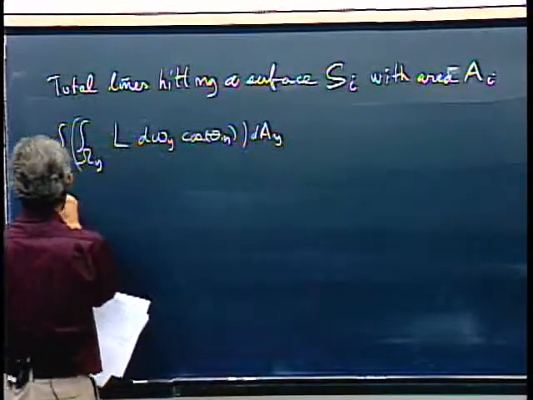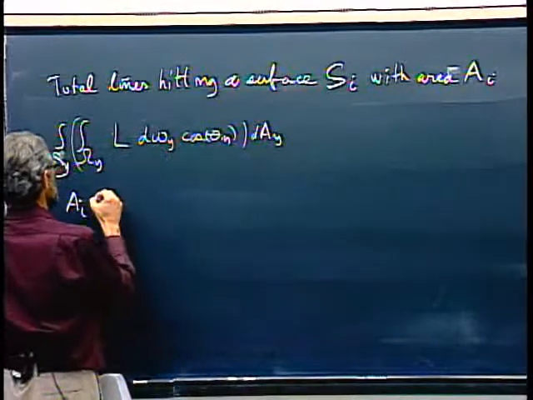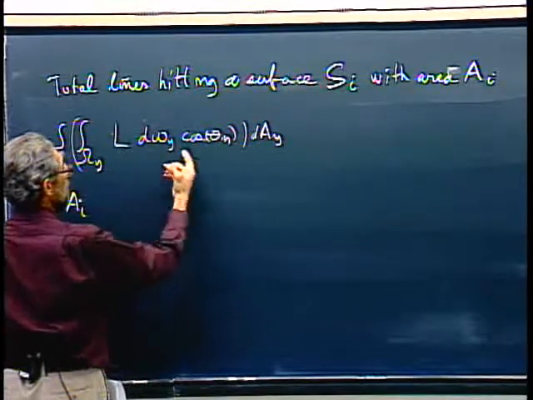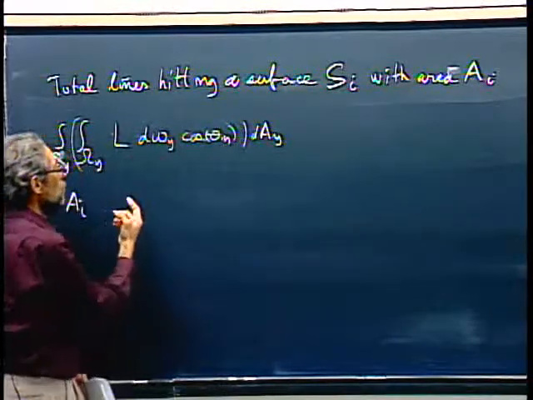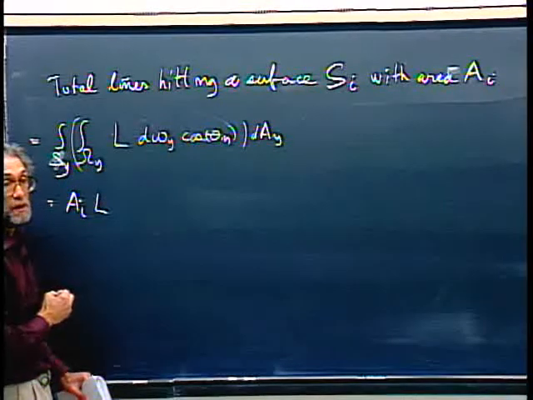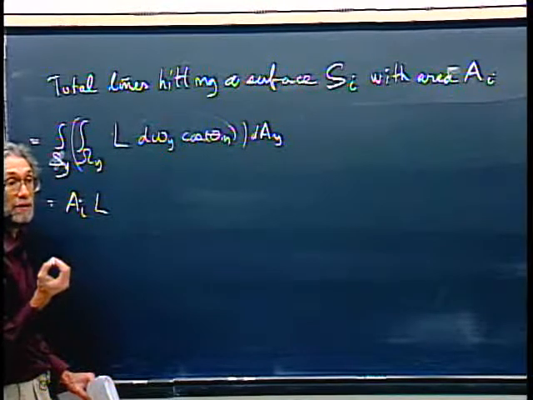So the outer integral is just going to be A_I, and the inner integral is what? I'll take the constant L outside too, and what happens when you integrate cosine over a hemisphere? Say it louder. Pi.